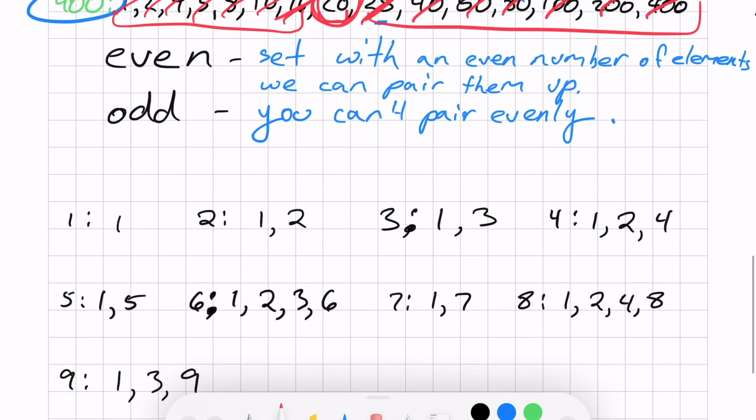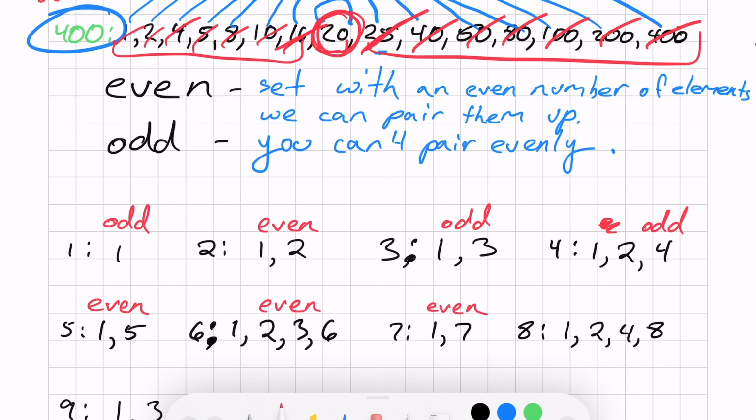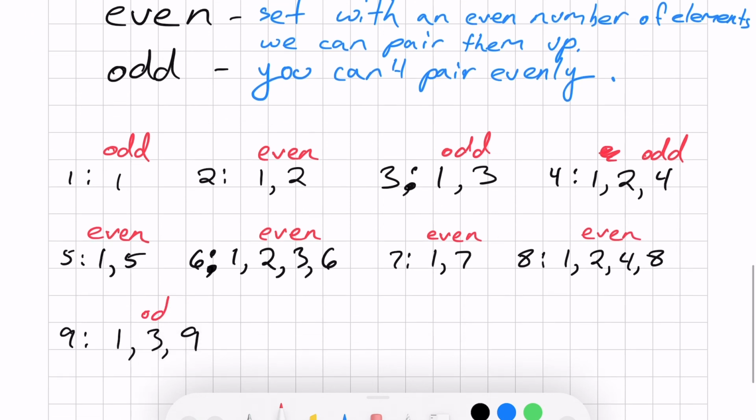Now let's look here. This is an odd number of factors. It's even, odd, even, or sorry, odd, even, even, even, even, and odd.